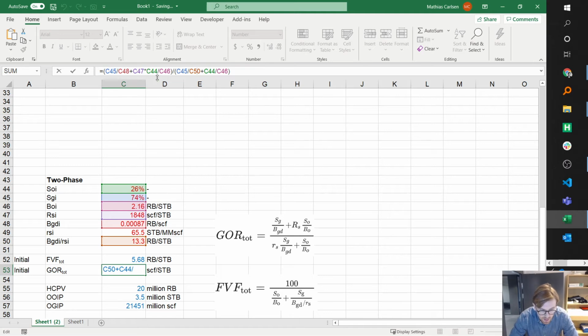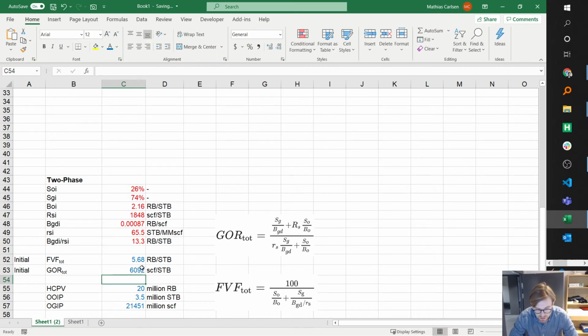function. Above the denominator we have the SG divided by the BGD plus the solution GOR times the saturation of oil divided by BO, and then it's simply just the saturation of gas divided by the BGD over little rs, and then we have the saturation of oil divided by the BO.